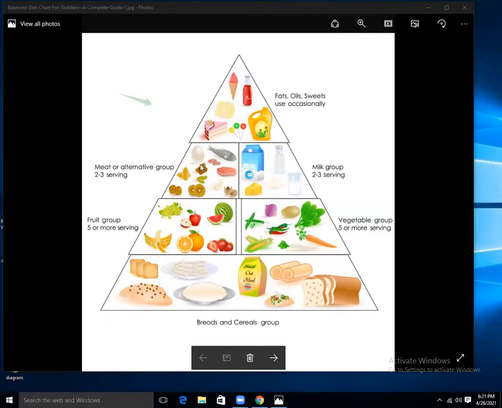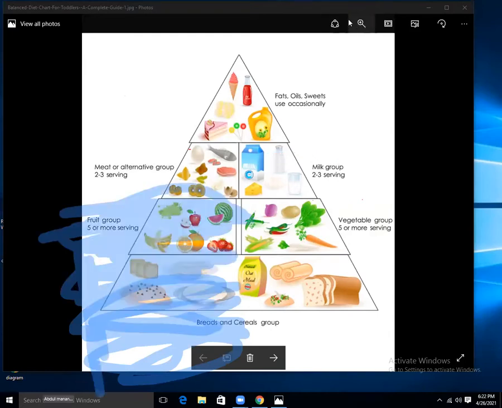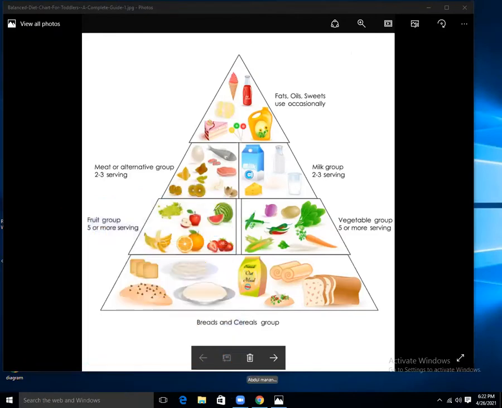And the second one is meat, alternative groups, and meat, fish, eggs, and many other things that are made from this.